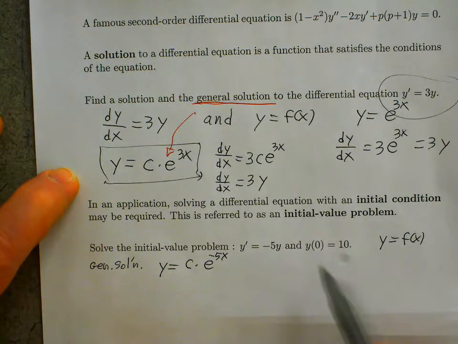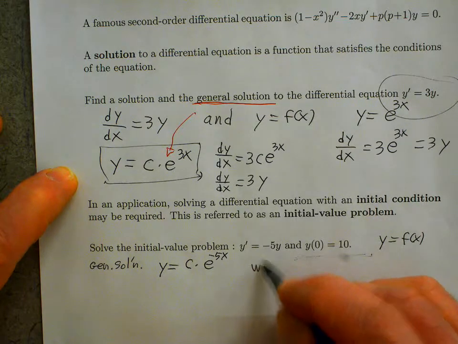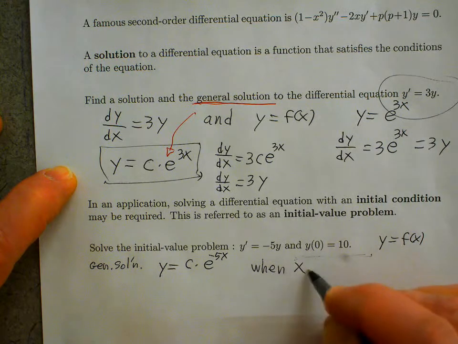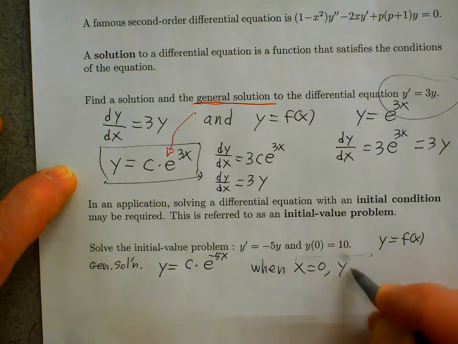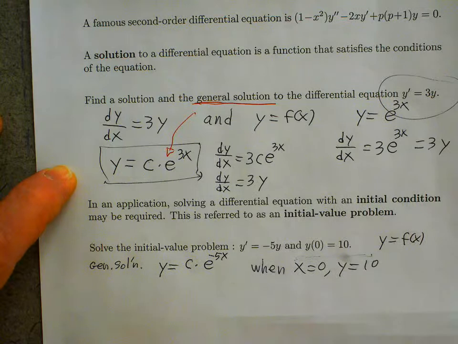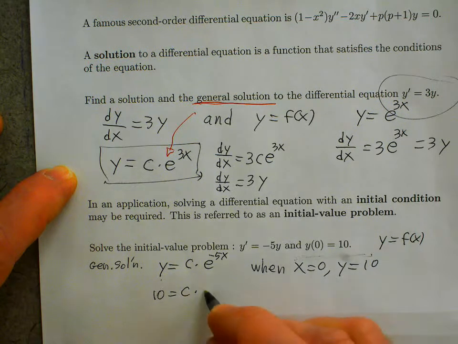Then to find the particular solution, we use this initial condition. When x is 0, the value of y is 10. So in the general solution, we replace y with 10 and replace x with 0. We get e to the negative 5 times 0, which is just e to the 0.